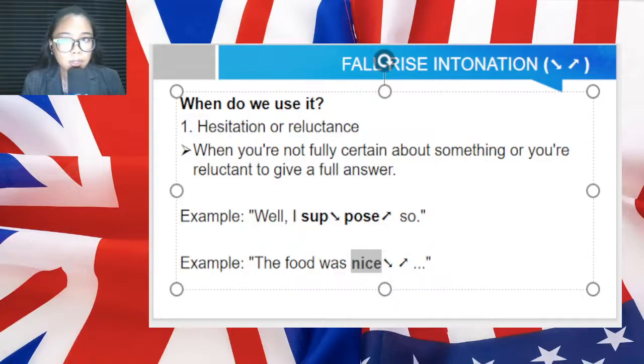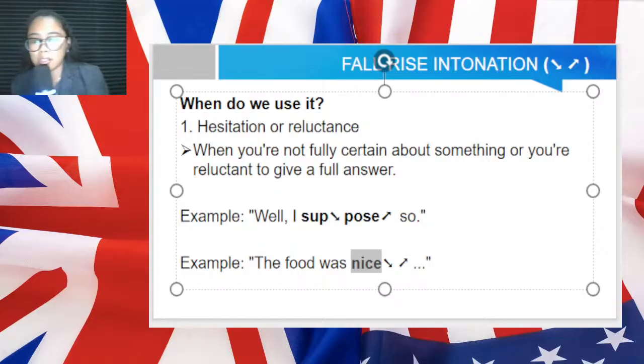It allows speakers to qualify their statements or answers, which can convey a nuanced meaning without needing to add extra words or explicit disclaimers. All right. So that is for fall-rise intonation.